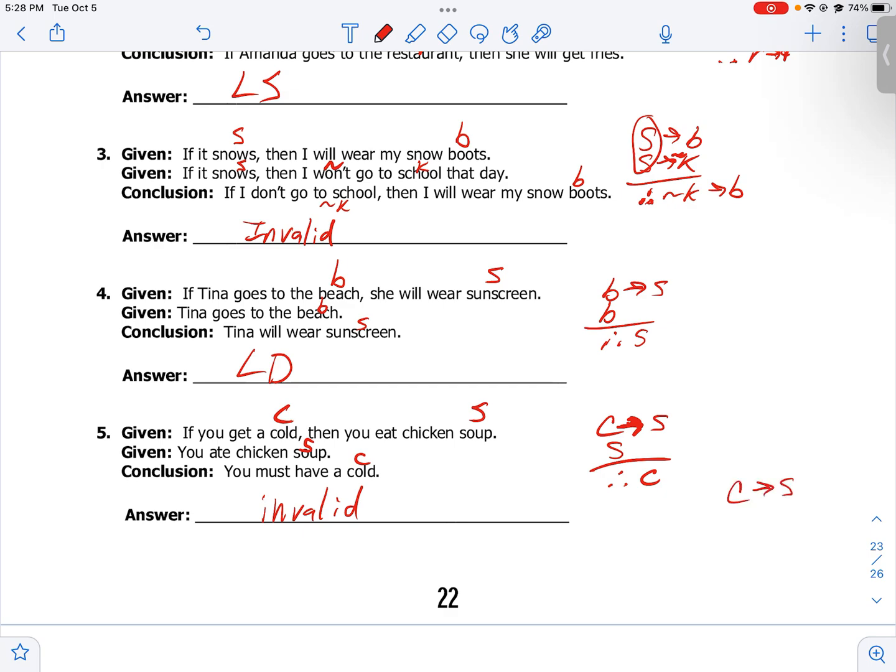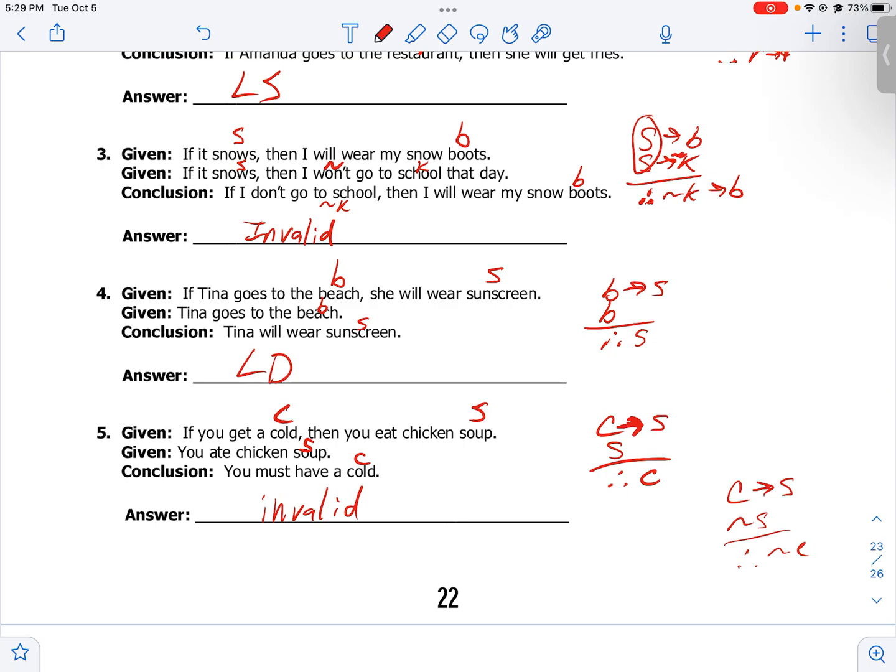Now, something to be said of that. If we knew C, then S, and then we said not S, could we say not C? Would that be a thing? You didn't eat chicken soup, so you must not have a cold. That's actually a thing.